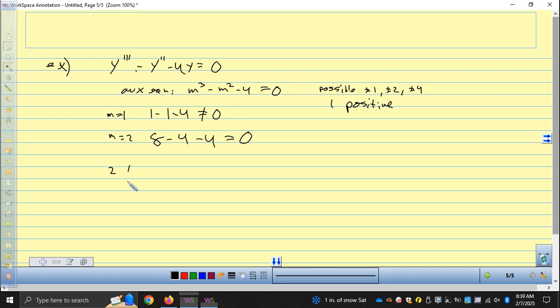So now I'll do my synthetic division. 1m to the third, negative 1m squared, 0m, minus 4. Don't forget you have to put a placeholder in there.